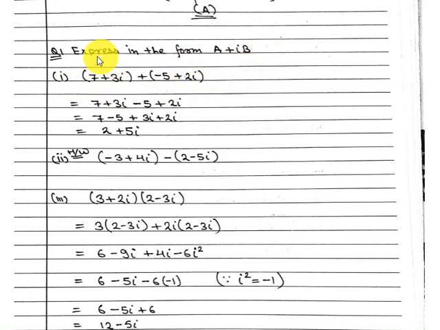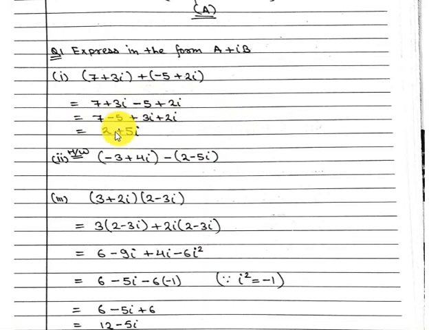So we will simplify this, and at the end we will get the A plus iB form of this number. First we open the brackets for both. Then put all the numbers without i together, like 7 and -5, and put the numbers which have i together, so 3i plus 2i.